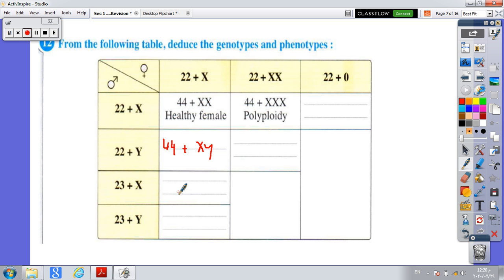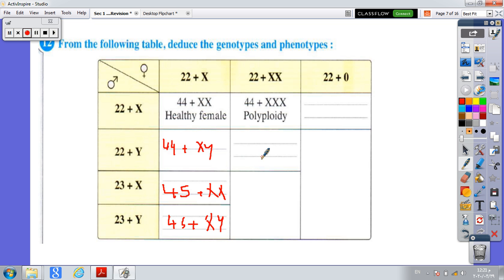Then 45 plus X. It is a female but not normal. It is a Down's female. Excellent. 45 plus XY. It is a male but not normal. It is a Down's male.